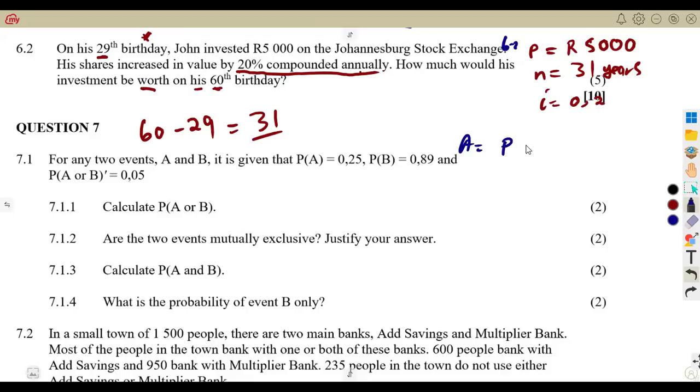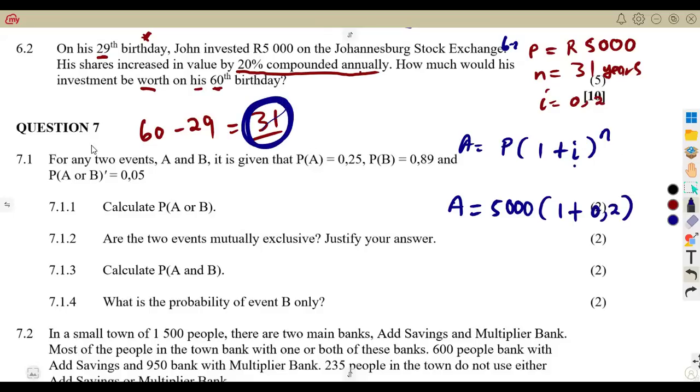The amount under compound interest, remember, is P into 1 plus i to the exponent of n, where P is the principal, which is 5,000, into 1 plus the interest rate, that's 0.2, to the exponent of n. How many years? That is our n, the number of birthdays in between. There are 31 in between. You can calculate it from there. Just use your calculator, guys, at the end.